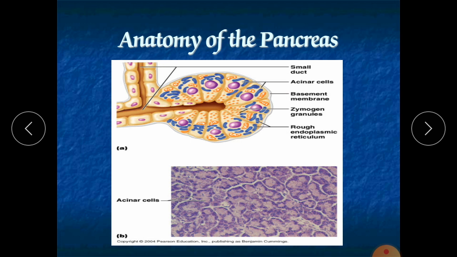These acinar cells constitute the whole exocrine gland, the whole exocrine secretion. These exocrine cells are responsible for preparation of various types of pancreatic juice which is secreted into the duodenum. Only 1% of cells in our pancreas are called islet cells.